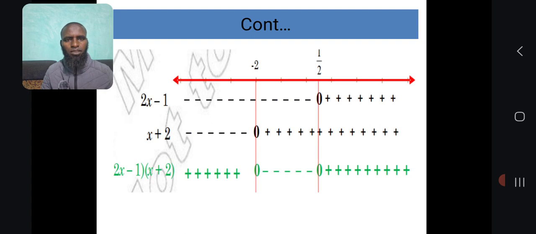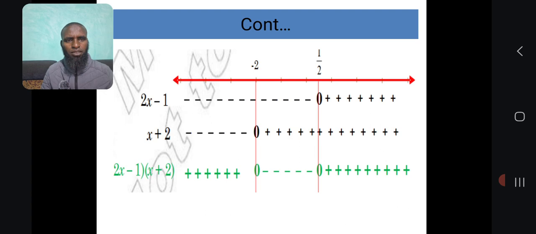When we see the product (2x − 1)(x + 2), below −2 there are negatives. 2x − 1 and x + 2 are both negative below −2. Therefore, negative times negative will give us positive.